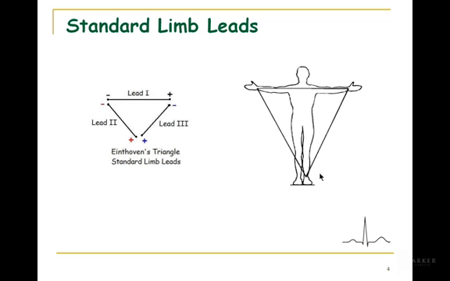What's been created is what we call Einthoven's triangle. In reality, when Einthoven was doing his EKGs, he viewed the heart in the center of a triangle. The vertices of the triangle were created by the shoulders and the pubic area.